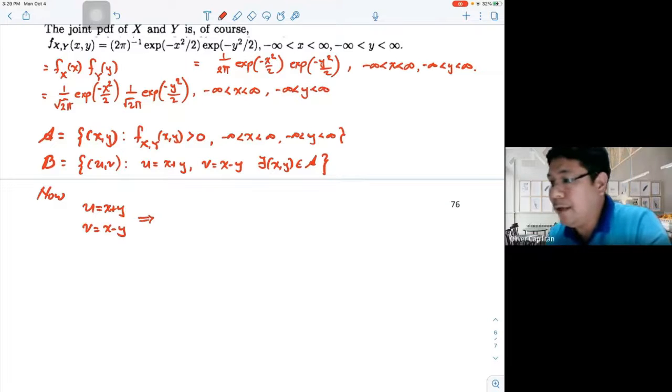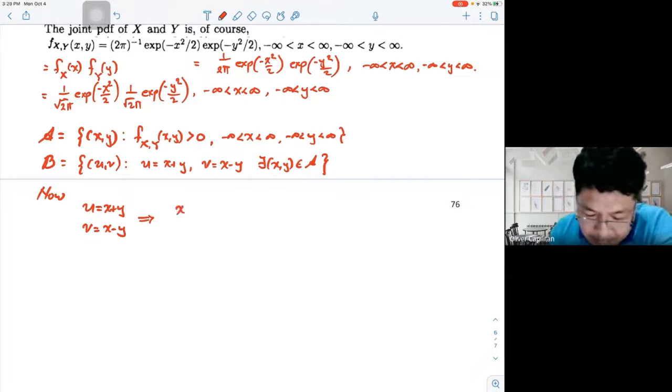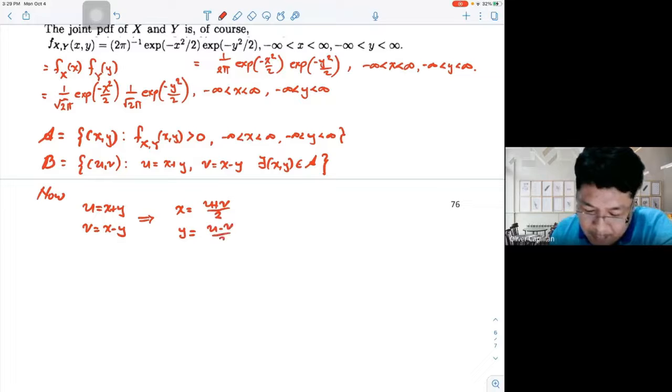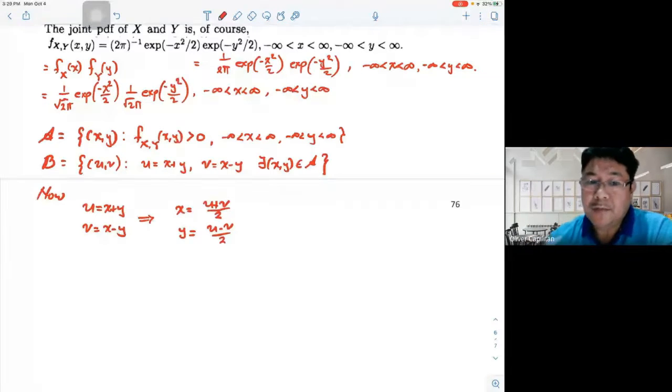we can simplify it further. We have now x would be equal to u plus v over 2, you can verify further, no? And then y here to be equal to u minus v over 2. Okay? Since for each ordered pair u, v in script B, there exists only one ordered pair x, y in script A that satisfies this transformation.